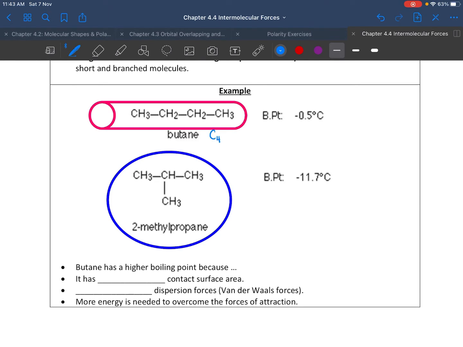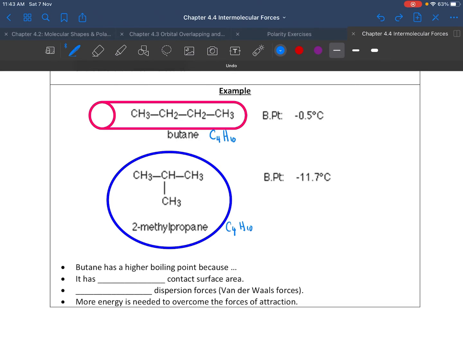C4, and then the hydrogens you can count: 3, 2, 3 plus 2 is 5, 5 plus 2 is 7, 7 plus 2 is 9, 9 plus 3 is 12, so that is C4H10. If 2-methyl propane, 1, 2, 3, 4, the number of carbons is still 4. Its hydrogens are 3, 6, 9, 10. So it is also C4H10.